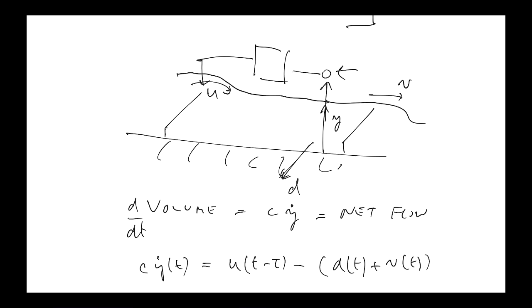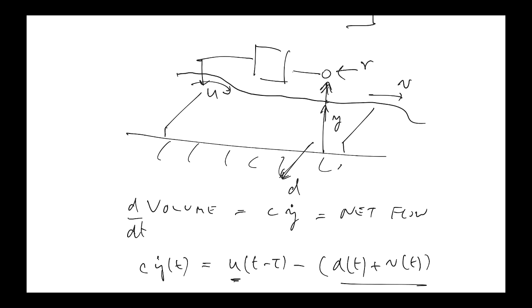All right, so that's our model for the system. This is our control input. This is a disturbance input. And really what our control system is trying to do is reject changes in the disturbance, from the perspective of maintaining the water level at some reference value.